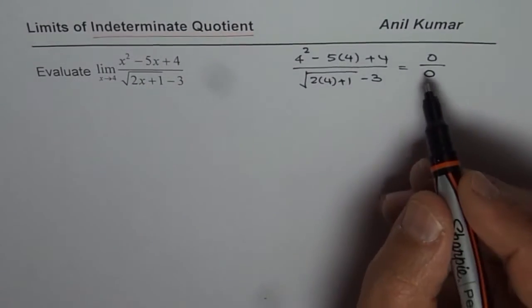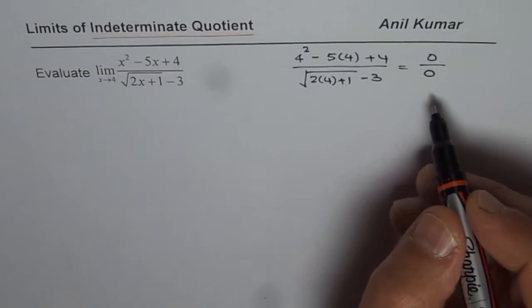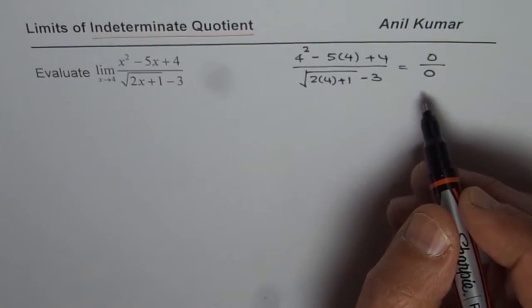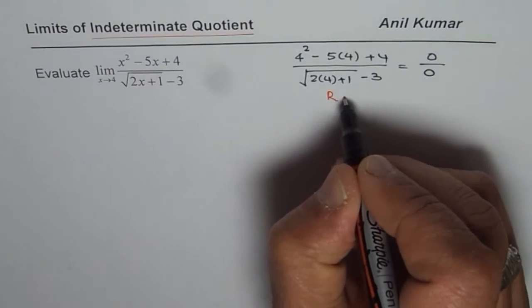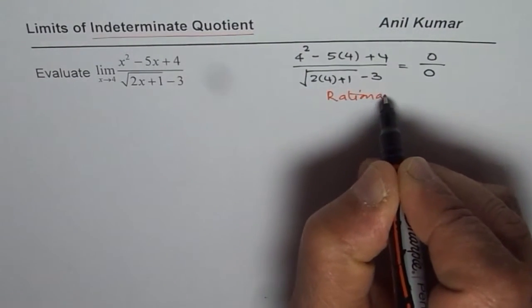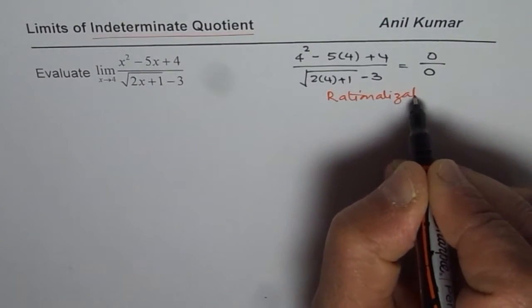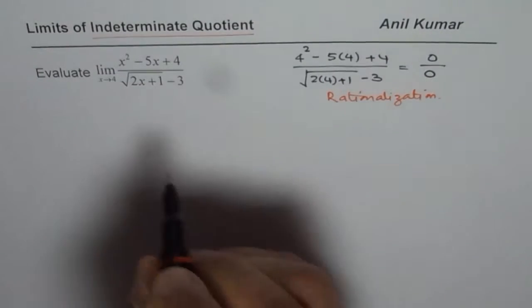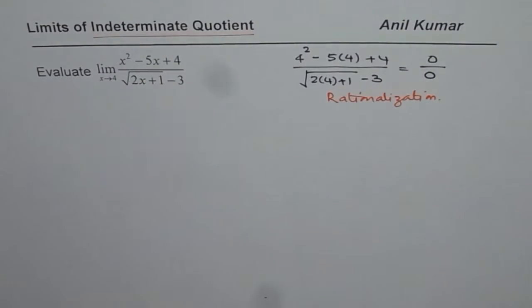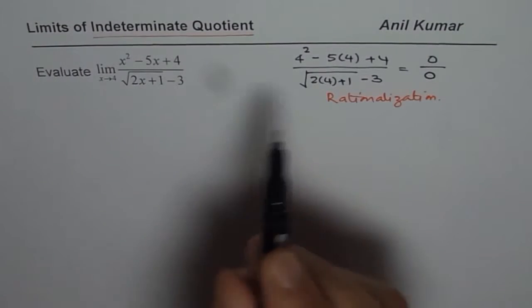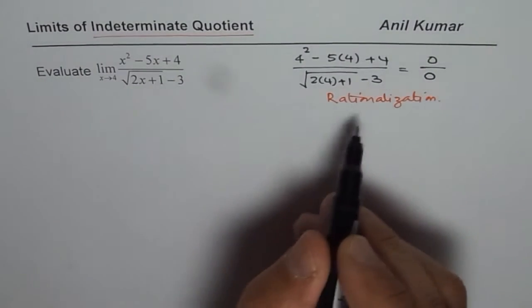Now in this situation, you could apply different strategies to solve. One of them is rationalization. Rationalization is used whenever you have a square root. So if a square root is there, that is the preferred method. So let's solve this using rationalization.